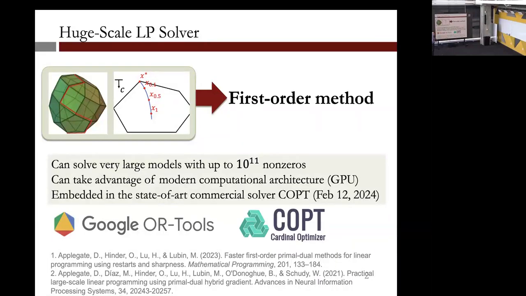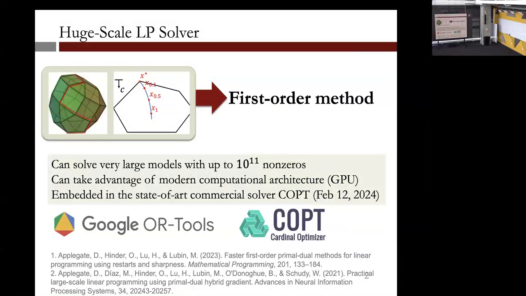All right. And some of these methods have commercial versions. Some of these commercial versions are quite new. So about a year ago, Google developed a method that they put in their OR tools. This was a team led by Miles Lubin, David Applegate, Haihao Lu, and several others. I mean, Haihao is at the University of Chicago, but spends a lot of time at Google.